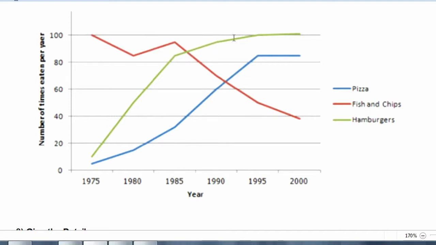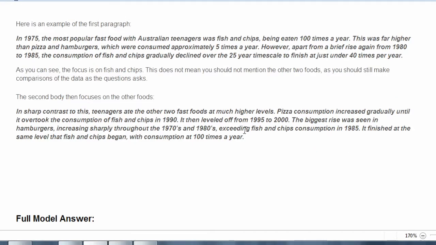So it overtook the consumption of fish and chips, and between 1985 and 1990 it almost crossed the line and hit the very peak.